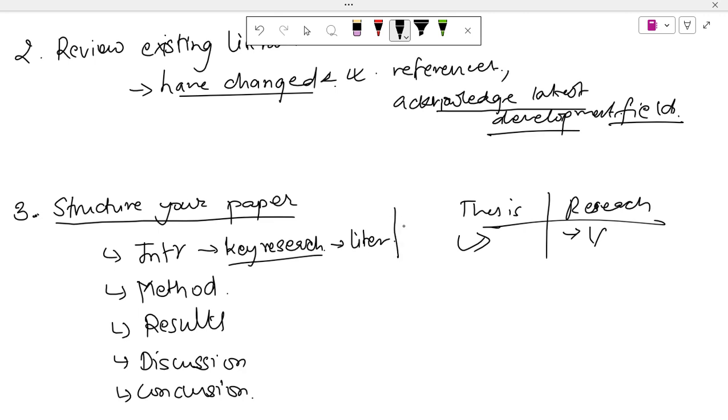So it is one paragraph where at last you will define the objectives that you are getting to solve, the key research problem that we have mentioned at first, where in between you will describe who has done what to attempt solving this key research problem and what they have achieved, the latest developments.